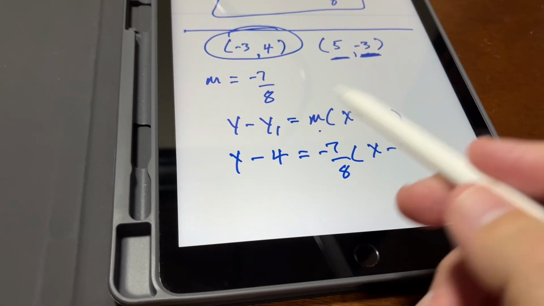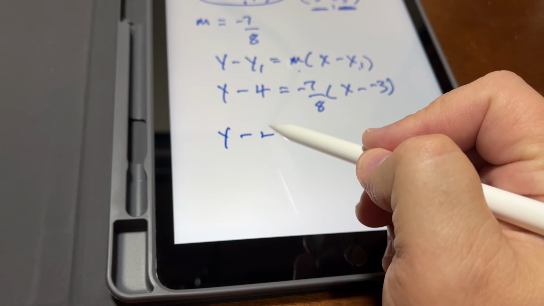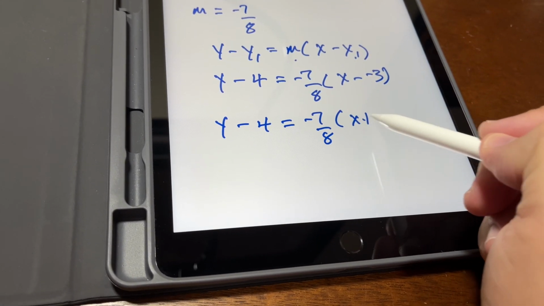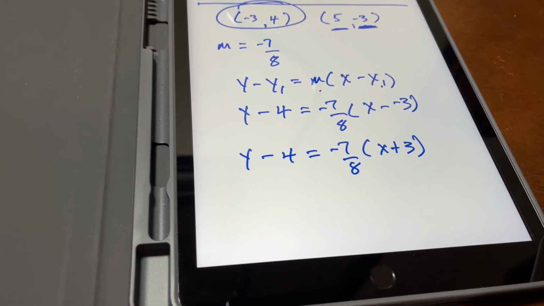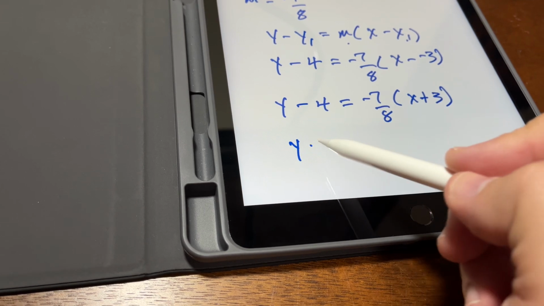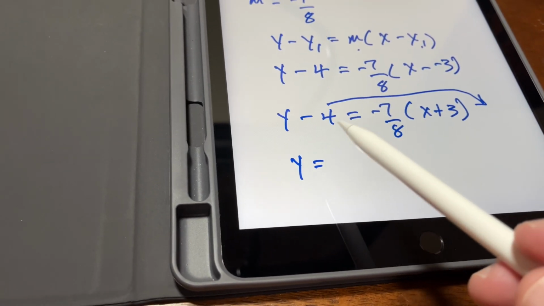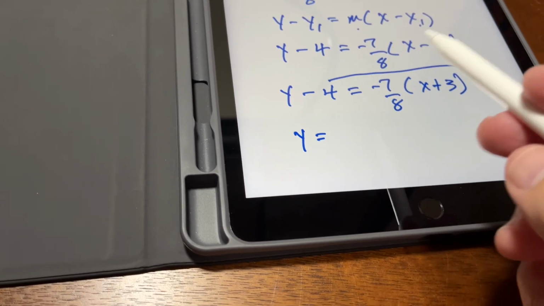Now, of course, right off the bat, you could go ahead and change this to x plus 3 because minus a negative is a positive, right? So we do that. Now we're solving for y, so I'm going to move this negative 4 over to the other side. In other words, I'm adding 4 here, which is going to cause that to cancel, and I'm adding 4 over there.